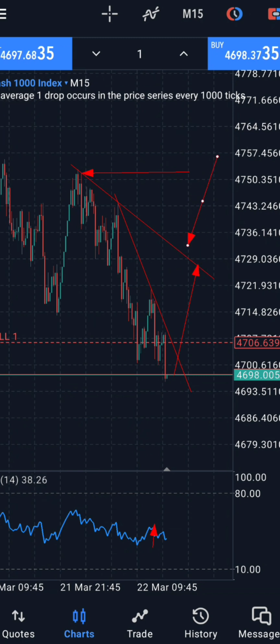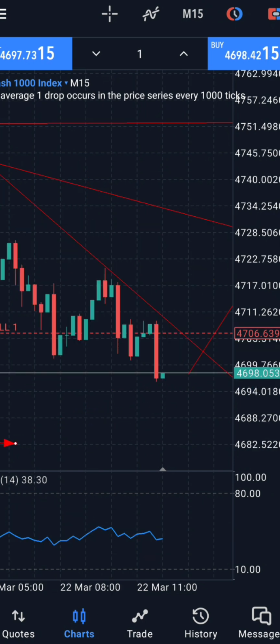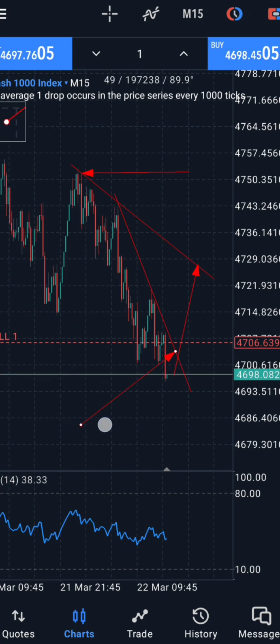I am not in charge of the market, I don't have any power or control over it, but reasoning with me, the next pullback can basically be from this level back here.